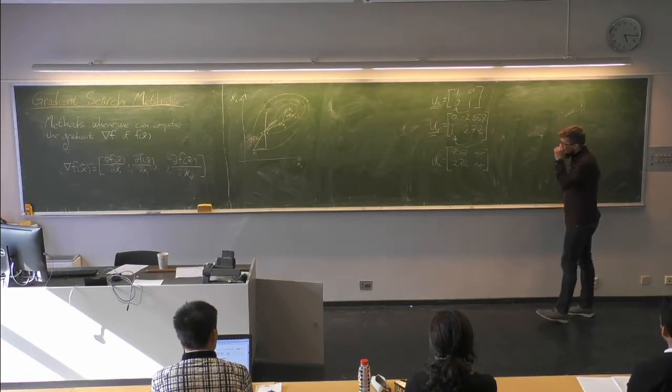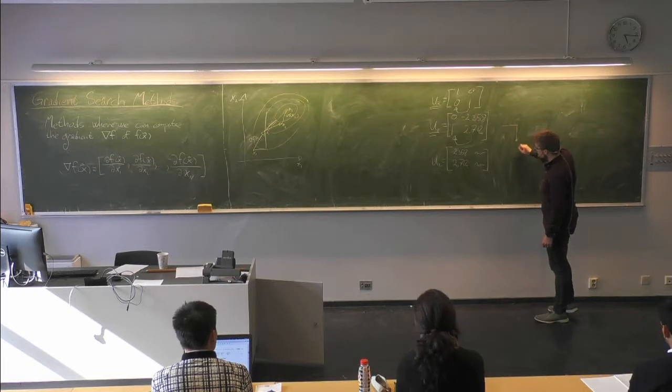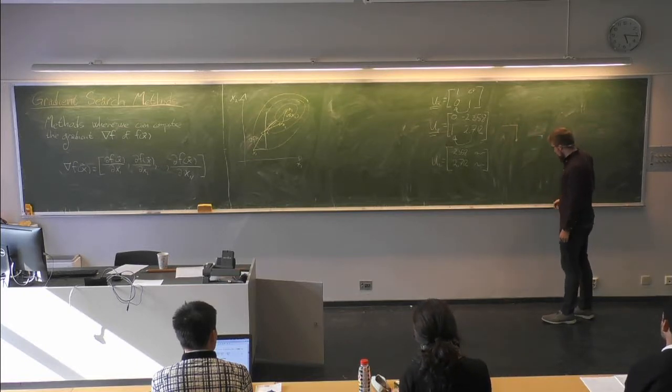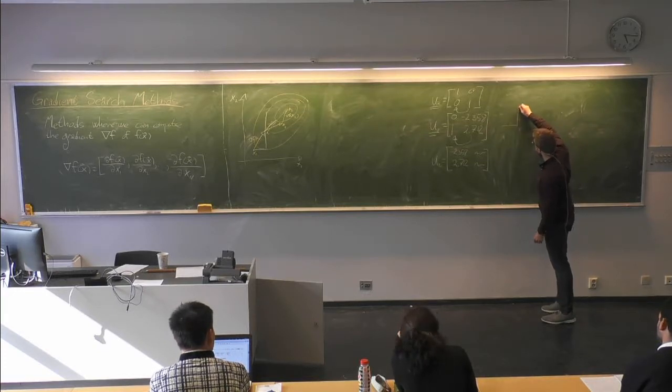In this case, we start searching first in X, then in Y, okay? We get a new point. And then we search first in, well, the Y direction, so I guess up.